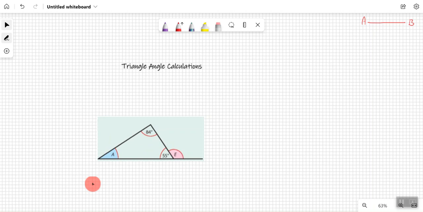a triangle. Triangles have three angles in them, and those three angles together have to add up to 180 degrees.